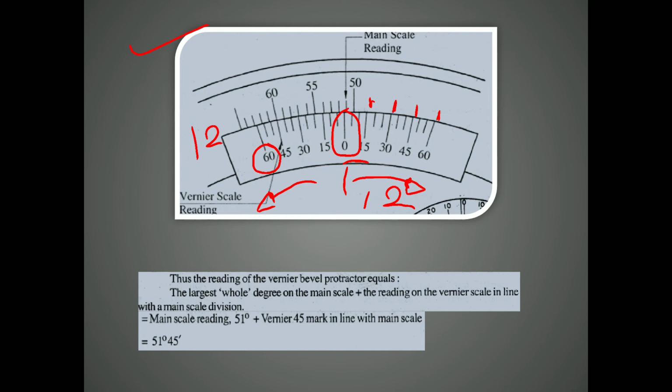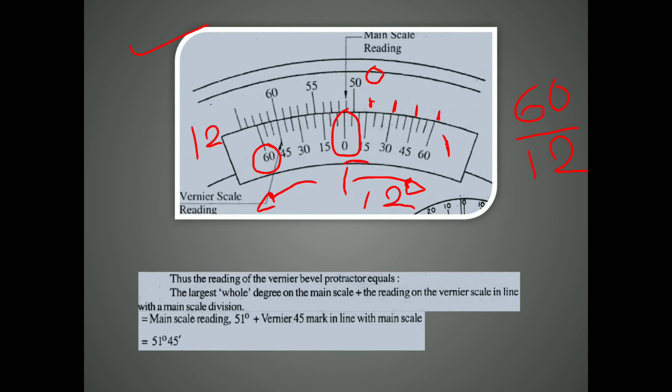So how many minutes does each line carry? In the main scale reading you are seeing degrees, and here you are getting the minutes. So we are going to calculate the minute reading. 60 divided by how many lines are there? 12.